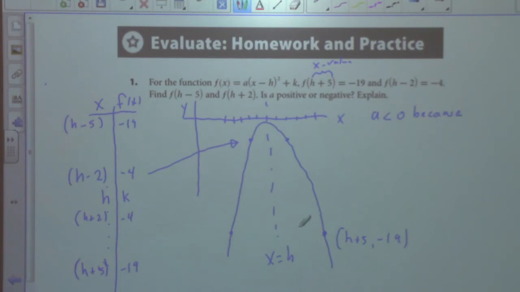How do we explain why the graph opens downward? How about as x values get closer to the axis of symmetry, output values are increasing.